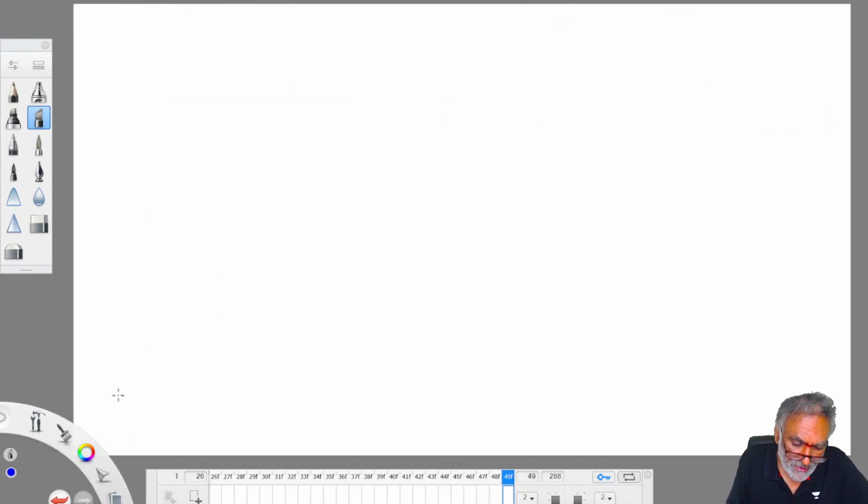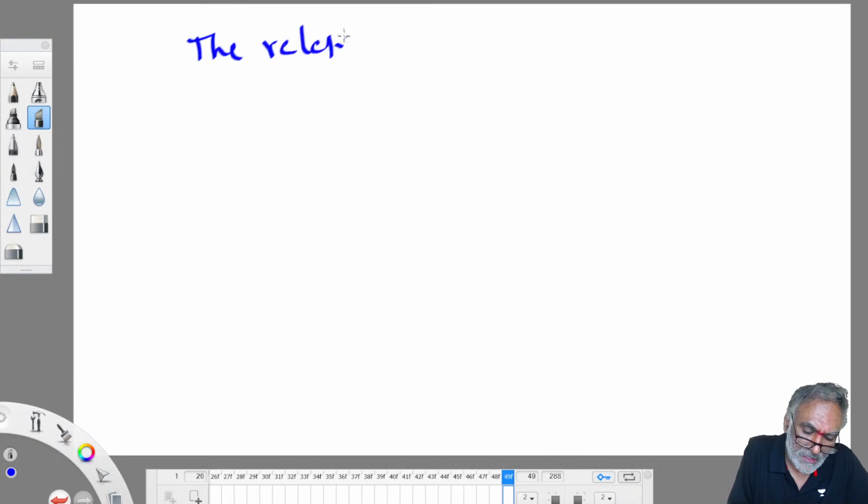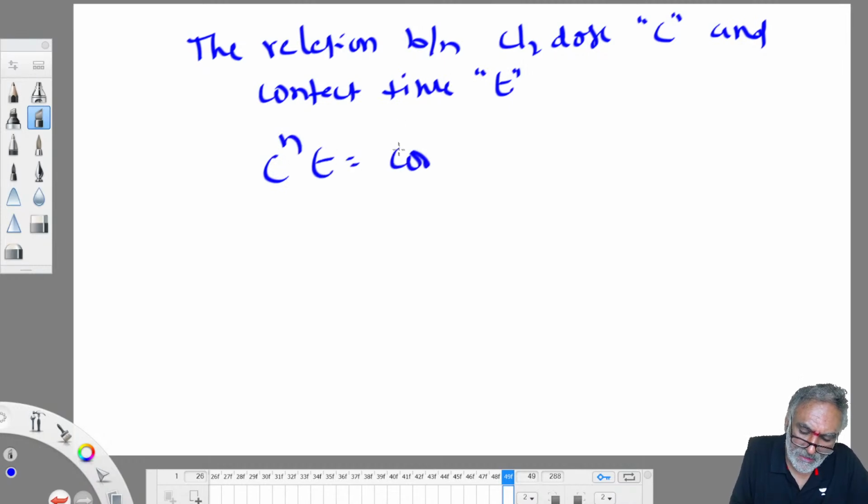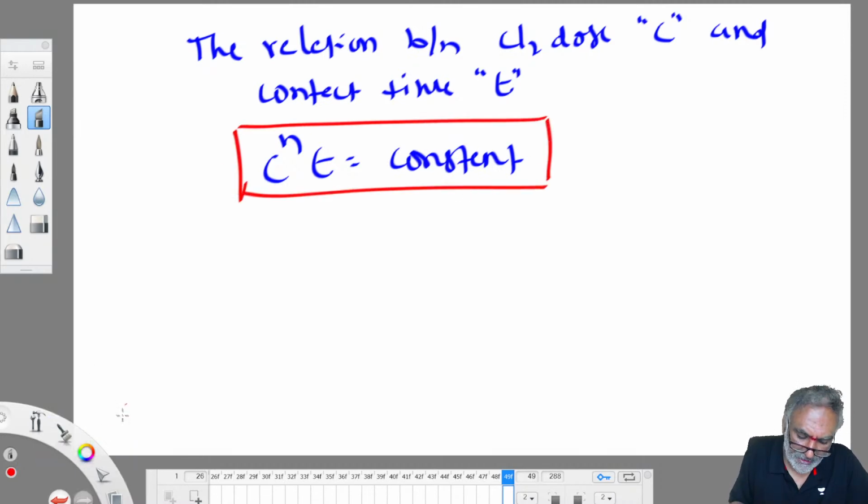In addition to that, the relation between chlorine dose C and contact time T is given by an equation: C into N to the power T is equal to constant, where N is a dilution factor.